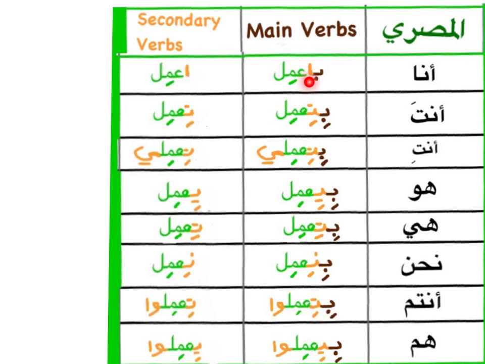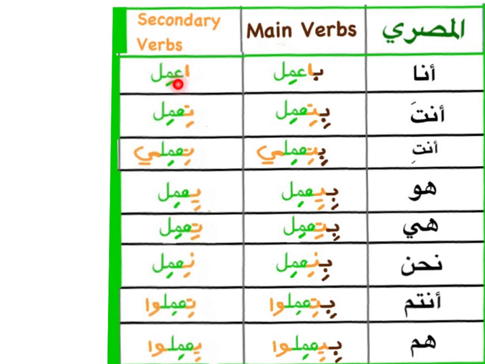The alif in orange is the prefix, replacing the independent subject pronoun. أنت بتعمل. تعملي. Notice it's a prefix and a suffix for أنتي. هو بيعمل. هي بتعمل. إحنا بنعمل. أنتوا بتعملوا. هم بيعملوا. And also we have combination.